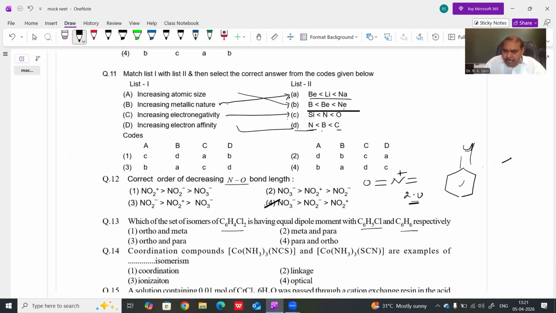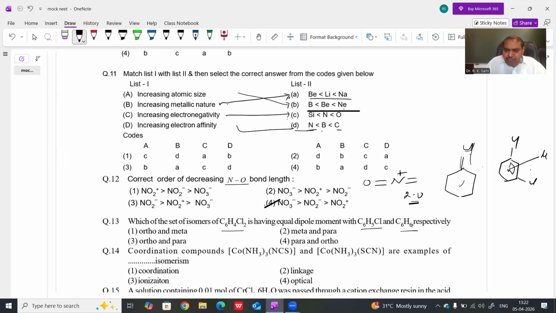If two chlorines are present at the meta position, their resultant dipole moment, because the bond angle is 120 and dipole moment is a vector sum, is equal to the dipole moment of one bond of the same atom. Therefore, the dipole moment of chlorobenzene equals that of meta-dichlorobenzene.